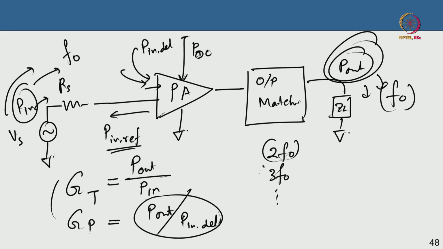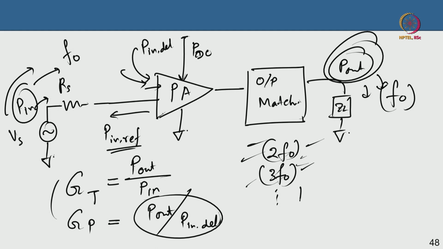These are higher order harmonics of the fundamental frequency where you will be getting some power, and that is not a desired thing because ideally you would not want to get power in those harmonics. So you have to terminate them appropriately, and the more nonlinear a device is, the more power you are going to get there. But you can exploit these harmonics to advantage to improve the efficiency or the efficiency linearity trade off.